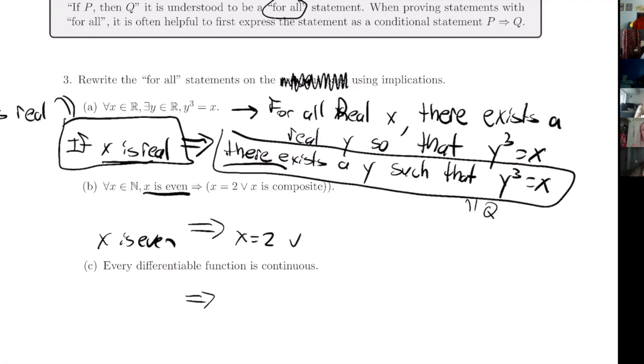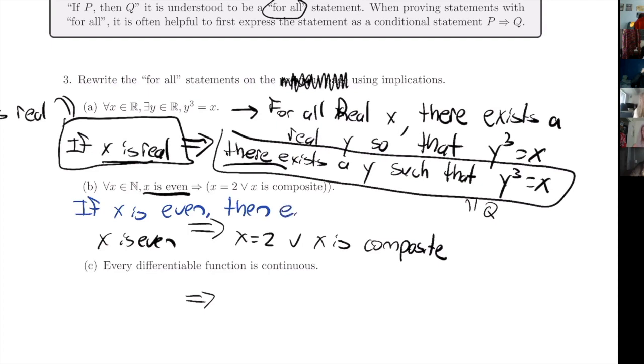So what I'd like to do is write this as an English sentence, right? So here we're starting to move away from the symbolic notation. So rather than use this little implication, we could say, for example, if x is even, then either x is 2 or x is composite.